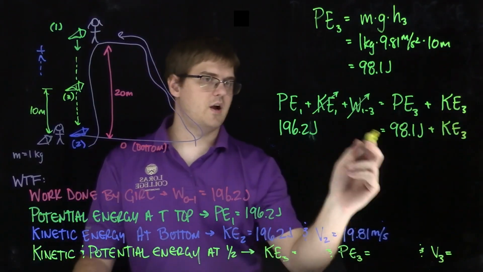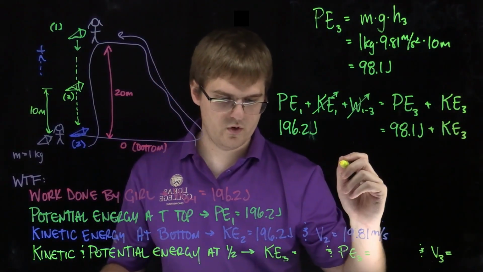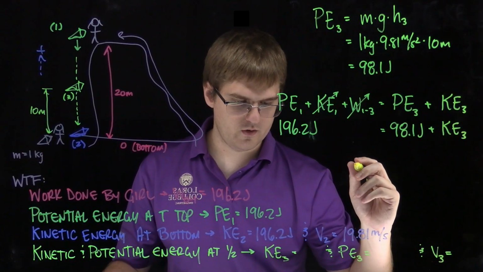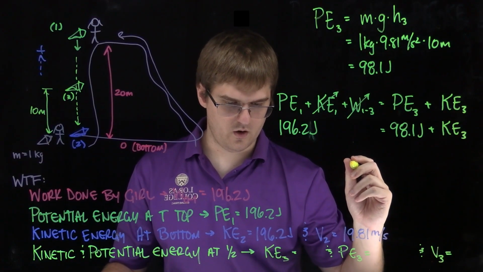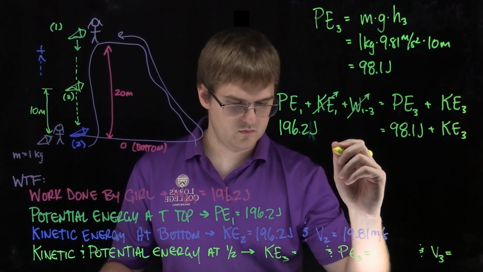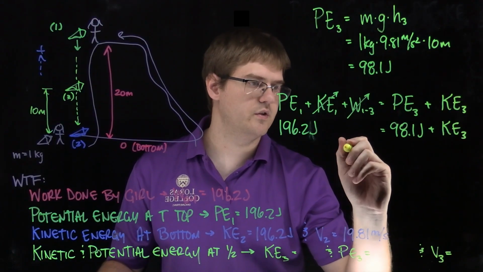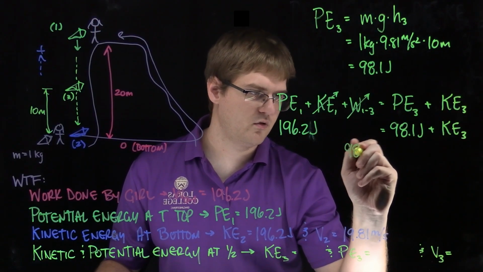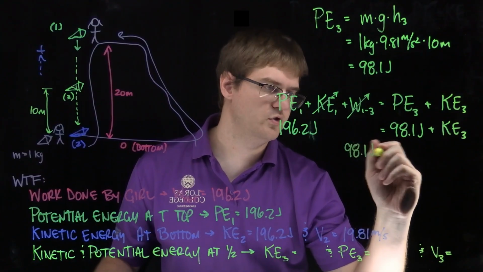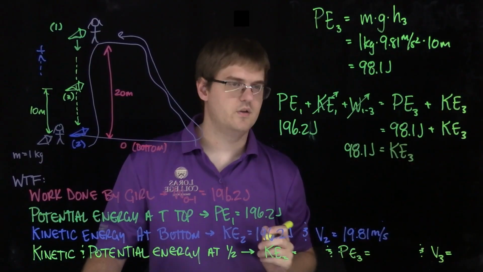And I can subtract that 98.1 from my 196.2, and that is going to give me a value of, should have this. Yeah, it's just half. 98.1 joules is equal to my kinetic energy at 3.